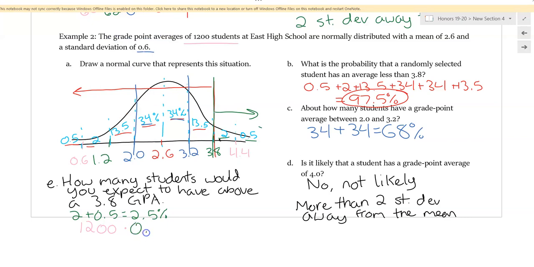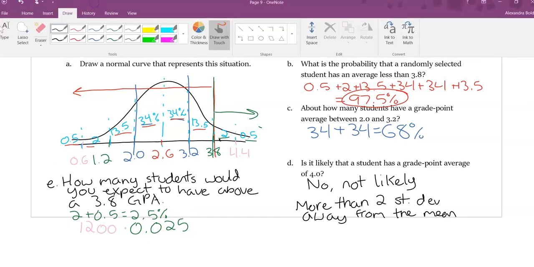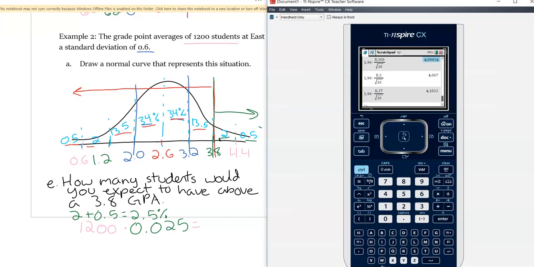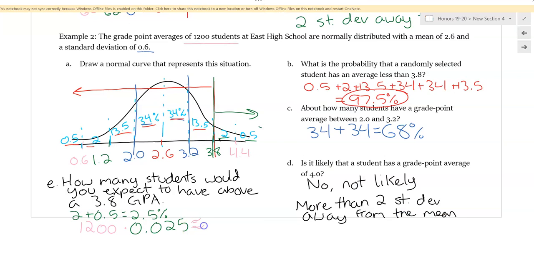So that's 0.025, and 1,200 times 0.025 is approximately 30 students.